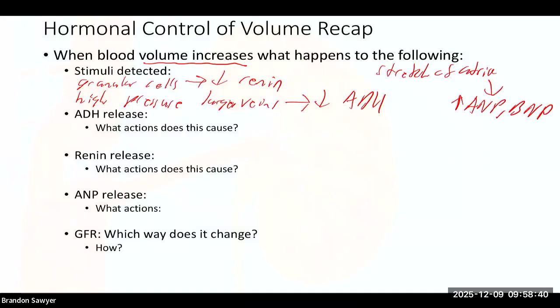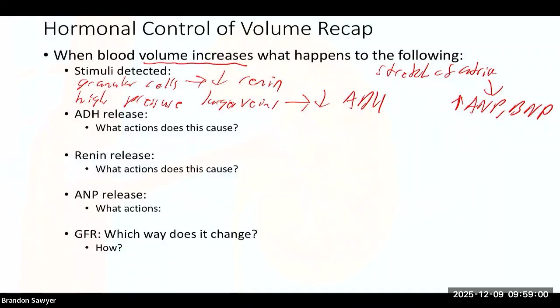BNP was first discovered in the brain. That's why it initially had that B name, but it's also called B-type natriuretic peptide. They have similar effects, ANP and BNP, both released by the heart, by the atria and the ventricles as well.